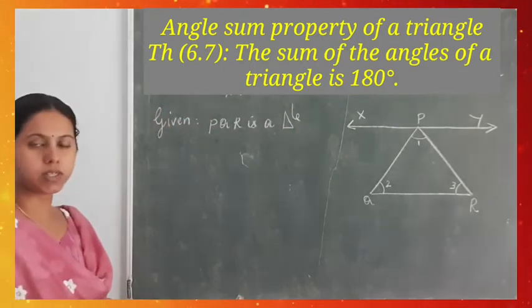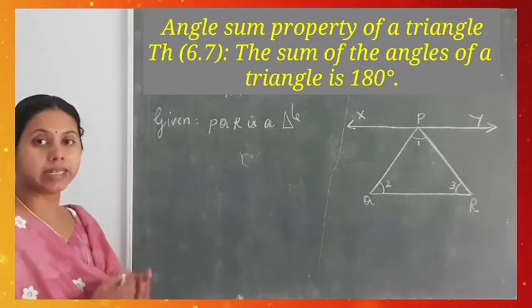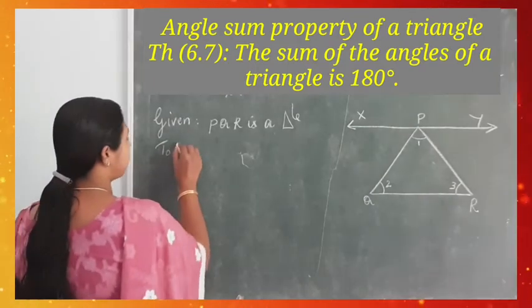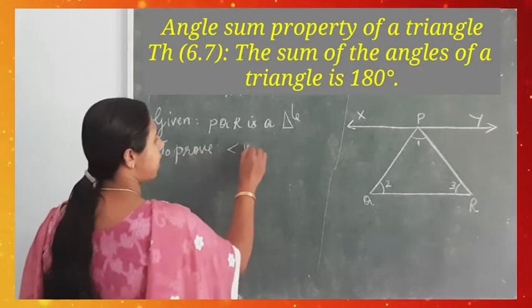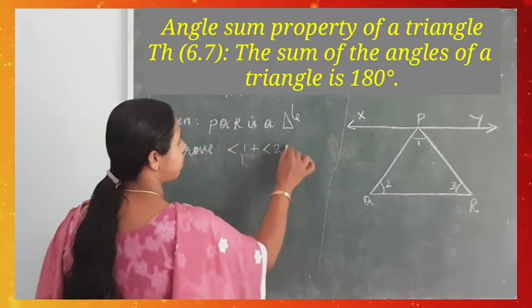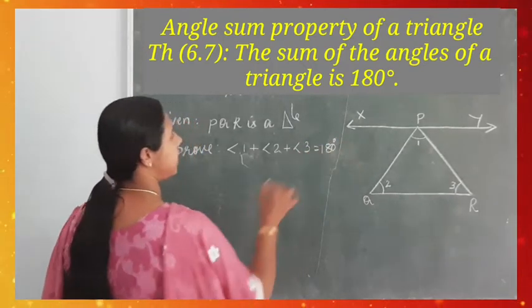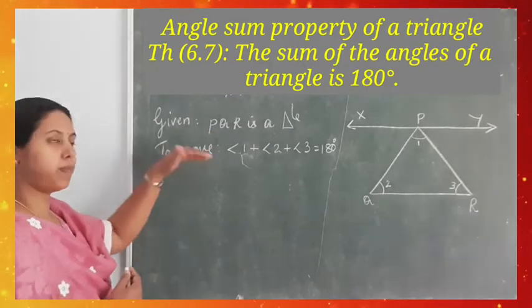Angle 1, angle 2 and angle 3 are the angles of this triangle. And to prove: angle 1 plus angle 2 plus angle 3 is equal to 180 degrees. So this is given and this you want to prove.